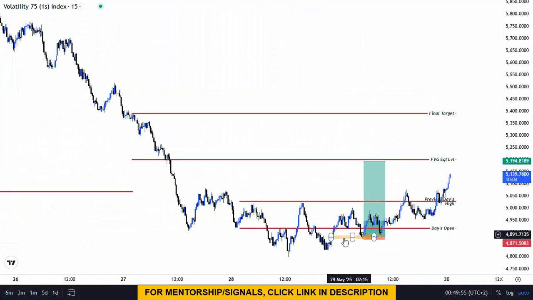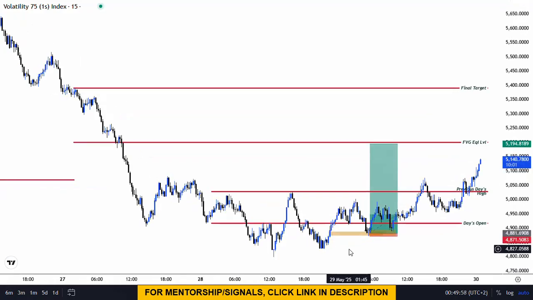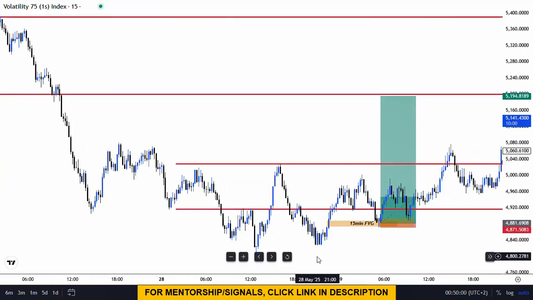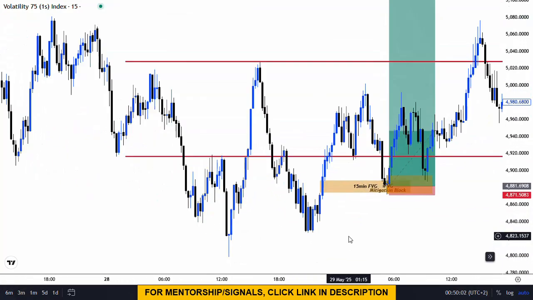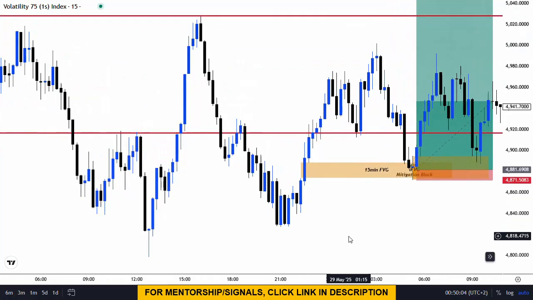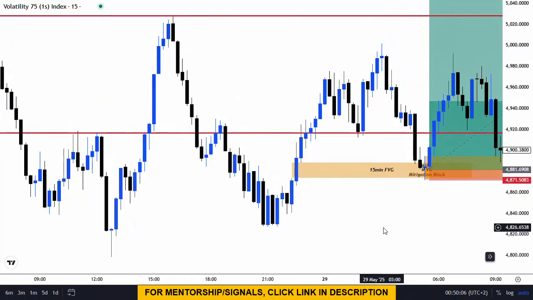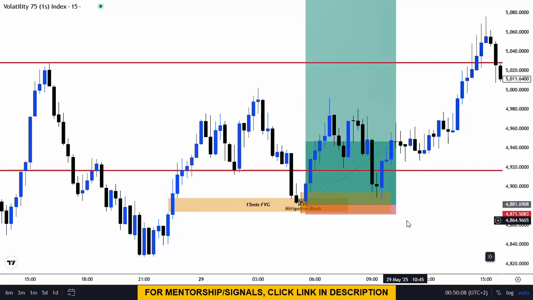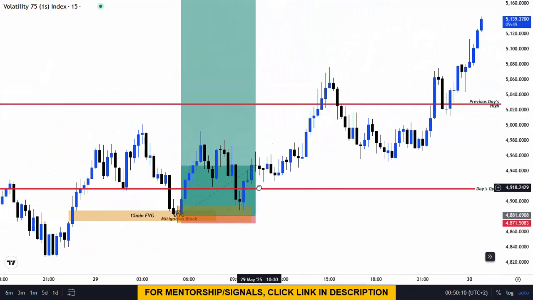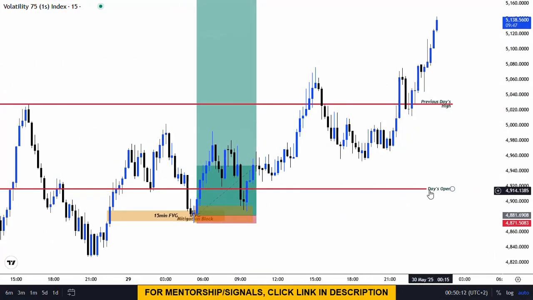So like I said, what you are trying to look for is a point of interest below the day's open. Today's day open, price open.